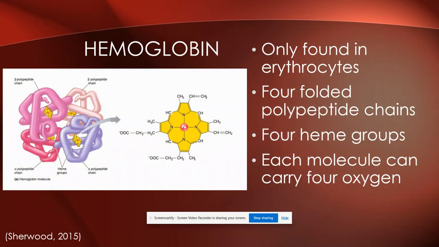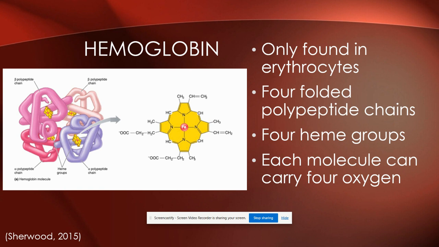So I keep mentioning this word hemoglobin, so we're going to go over what that is very briefly. Hemoglobin is only found in erythrocytes. It consists of four folded polypeptide chains, so it is a protein. Those polypeptide chains are called globin.